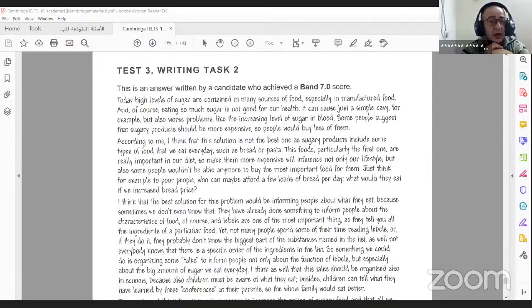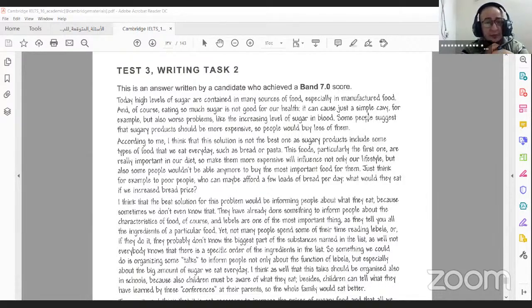According to me, I think that this solution is not the best one, as sugary products include some types of food that we eat every day, such as bread or pasta. These foods, particularly the first one, are really important in our diet.